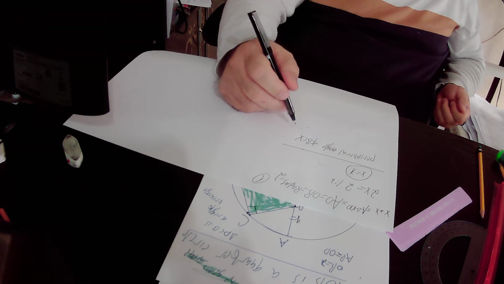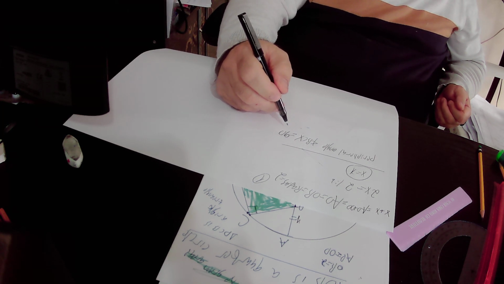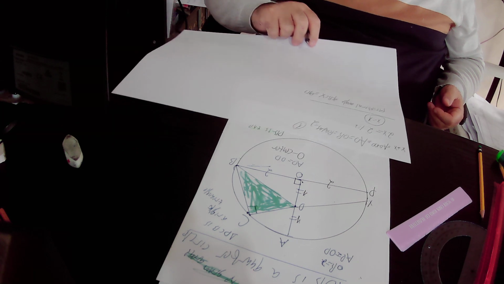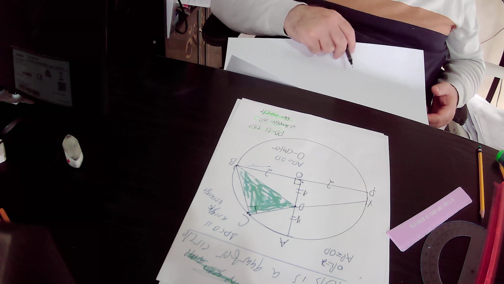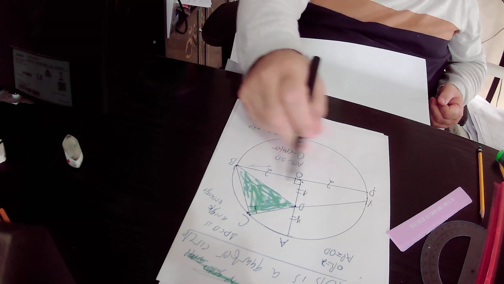Okay, so peripheral angle BCX equals 90 degrees, and it touches the circle at points B, C, and X.